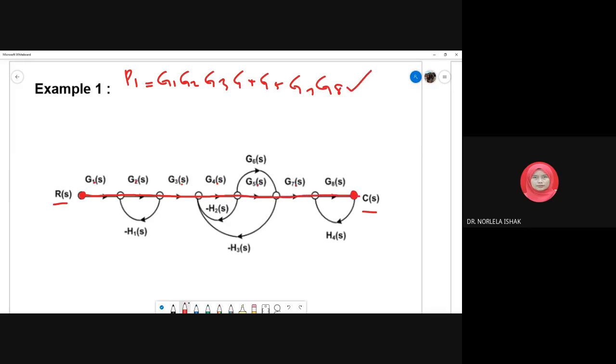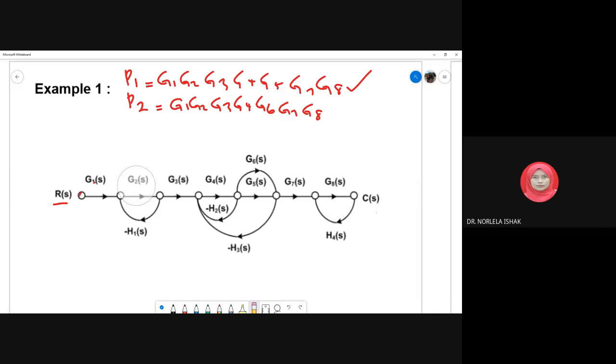Any more forward paths? Follow the arrow: G5 is replaced with G6. Okay, very good. So forward path number 2 is G1, G2, G3, G4, G6, G7, G8.